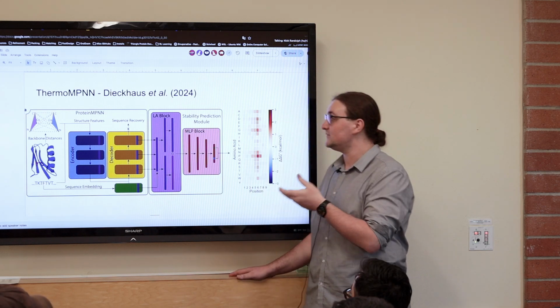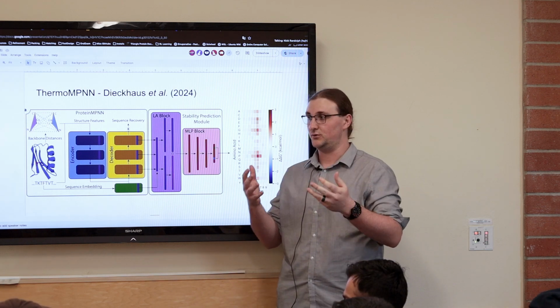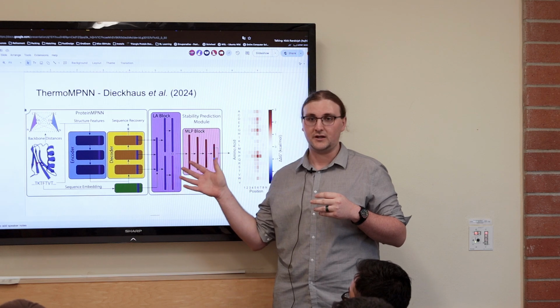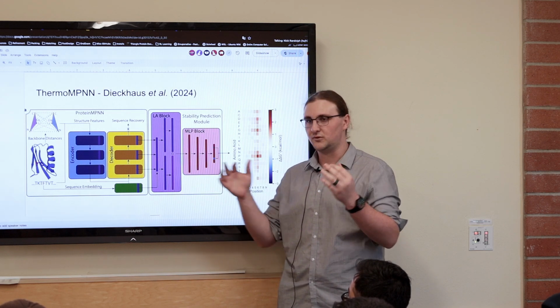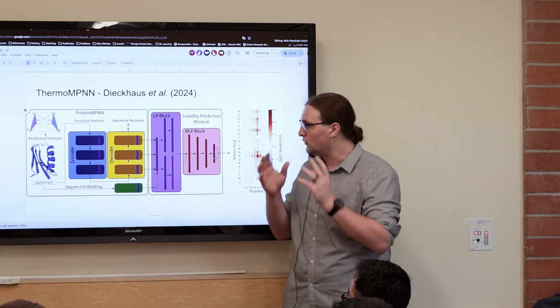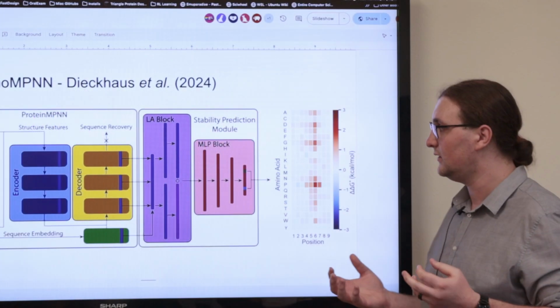So here Henry took ProteinMPNN and we're going to fine tune it. Based on some of the features that ProteinMPNN has learned, it's still going to be able to extract information about the backbone, and still use the information that it's learned about the local context around each residue and how that prefers certain amino acid types.